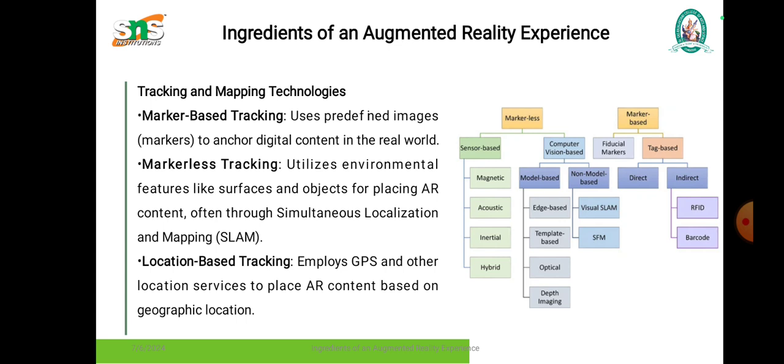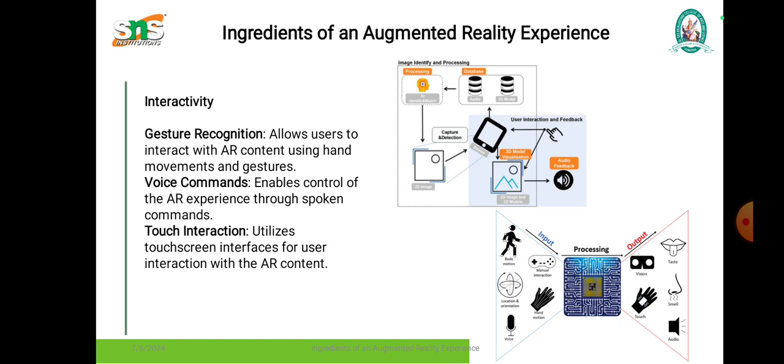And the next tracking is location based tracking. Location based tracking uses GPS connections, which helps to place the AR content based on geographic locations. And the next ingredient is interactivity. The interactivity is listed in three categories: gesture recognition, voice commands, and touch interaction.